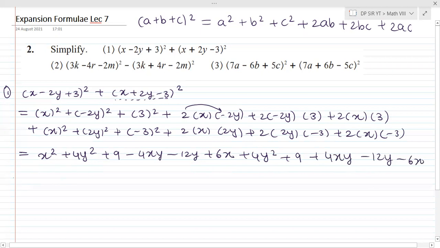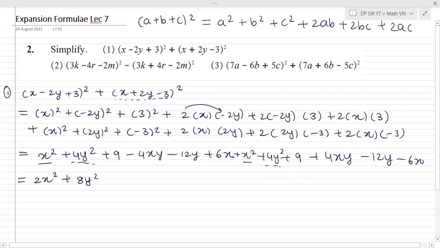Here it's going to be 2x square. I missed that x square, it comes after 6x. It happens sometimes. So x square plus x square is 2x square, plus 4y square plus 4y square is 8y square.